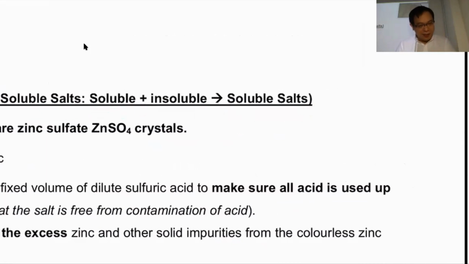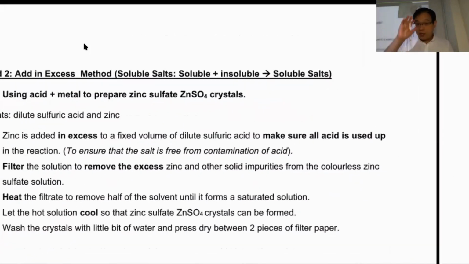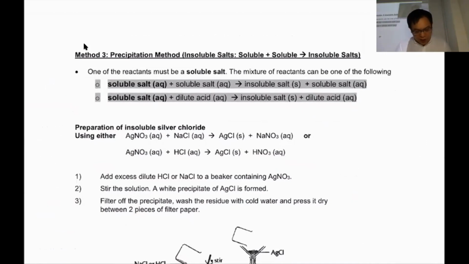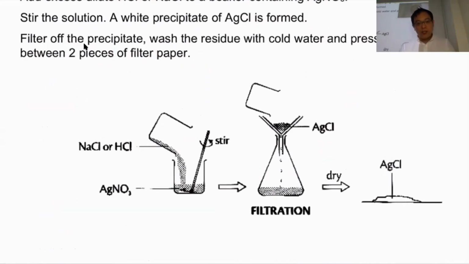Let's take a look at the third method. The third method focuses on preparation of insoluble salt. We're looking at the big picture right now. For preparation of insoluble salt, we take a look at the pictures here. You must know your solubility table at the tip of your fingers. We know that AgNO3, no nitrate, everything is soluble.